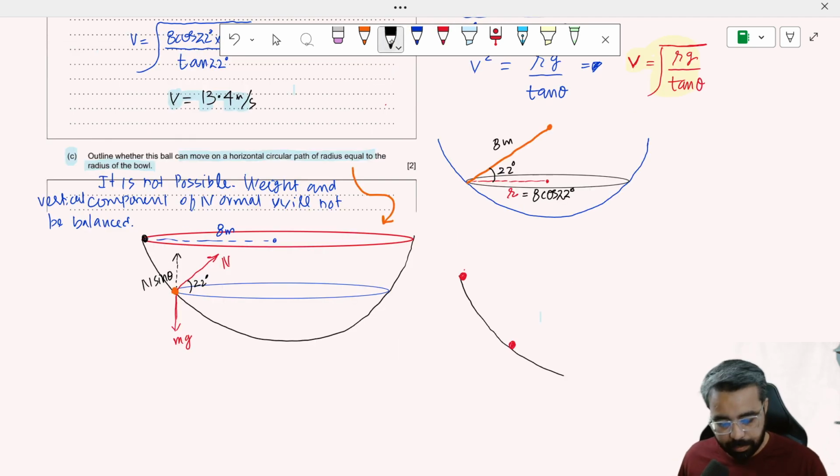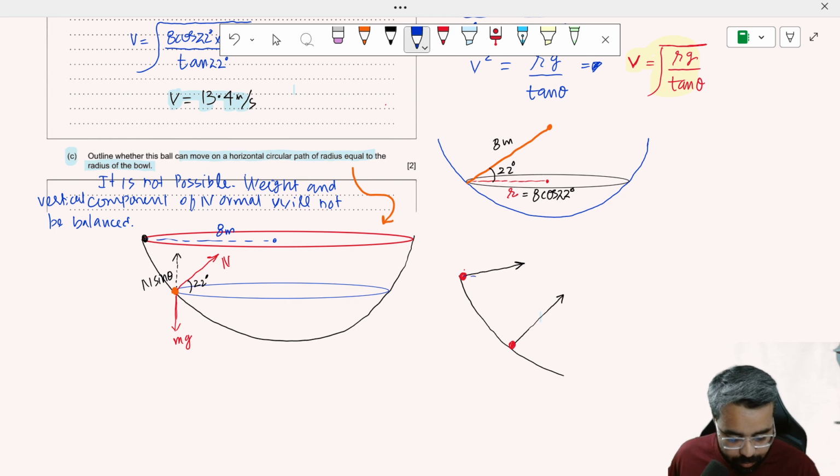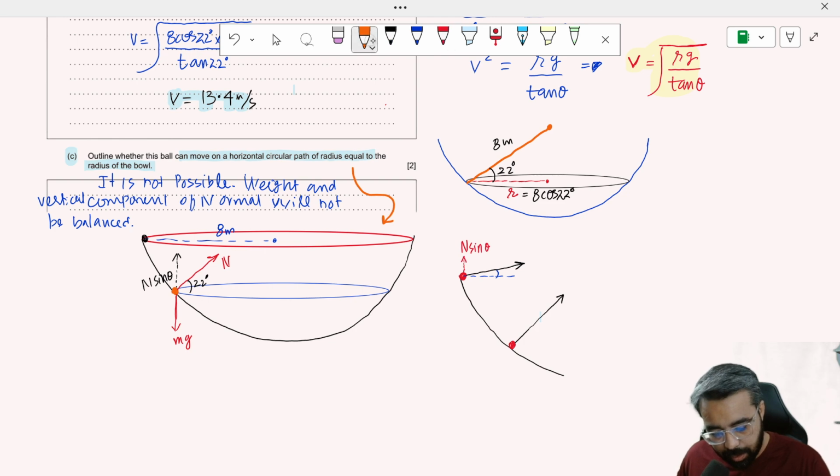In fact, just last minute, I'm telling you that the normal force at this point is first of all a smaller vector in magnitude, and the normal force at the other point has a larger magnitude. Secondly, dear students, if you see this angle is small, so if you draw its vertical component, that is a very small value. But what about the weight?